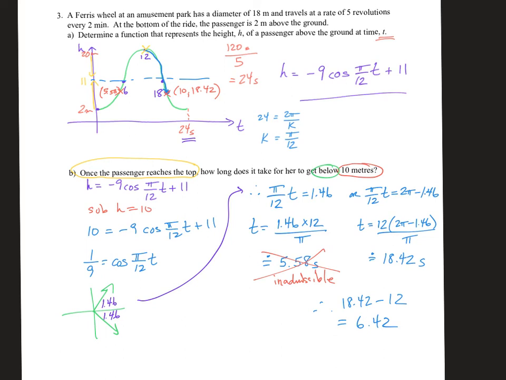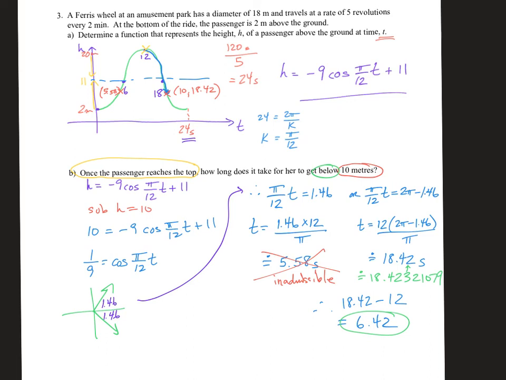When we got to that value of 18.42, that value would have actually looked something like this. And we come to a rounding situation again. Because I rounded down to 18.42, I just follow my normal rounding rules, that time of 6.42 seconds would actually leave me just a little bit above 10 meters.